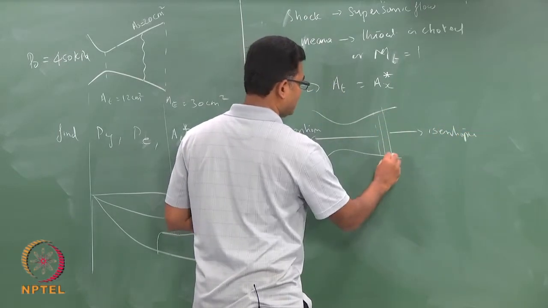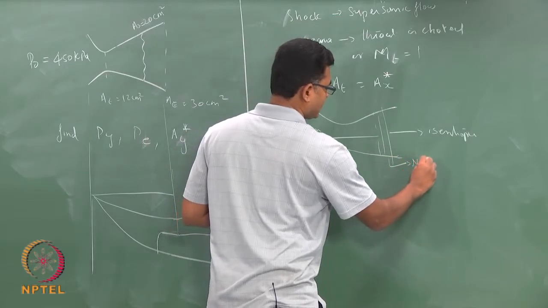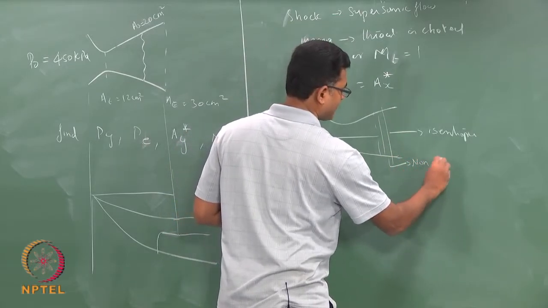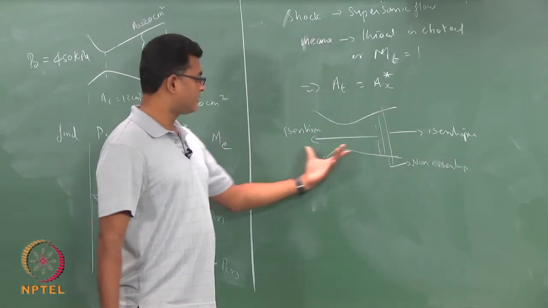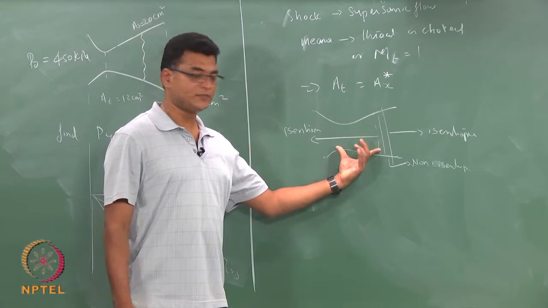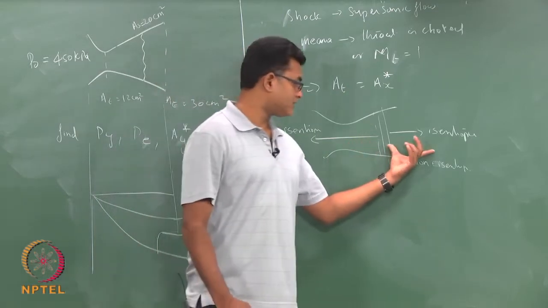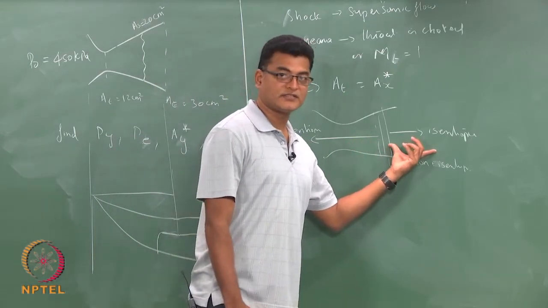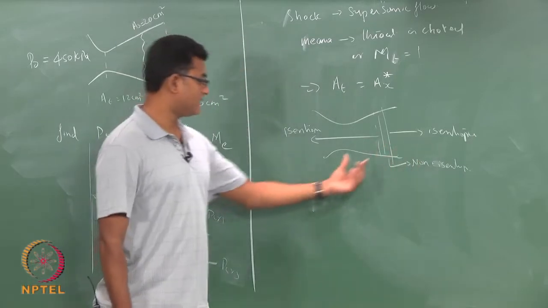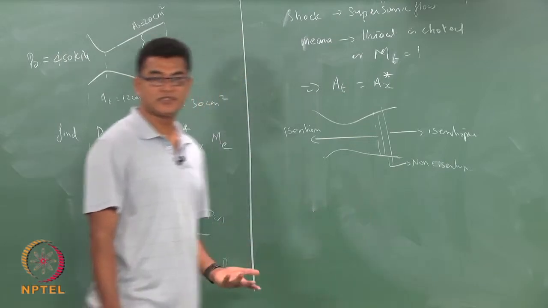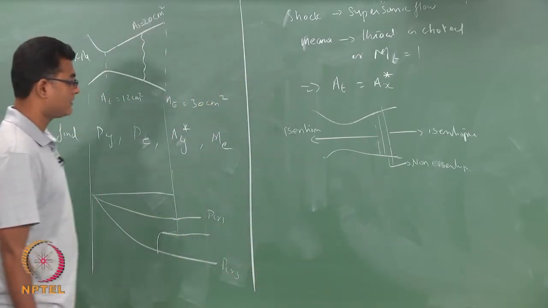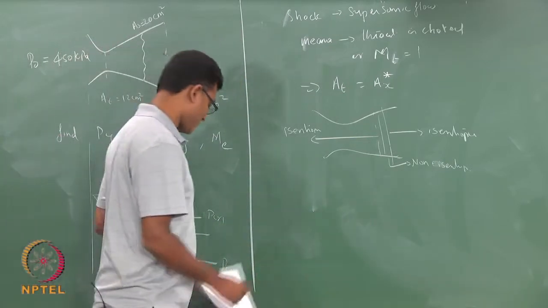Only the shock is the non-isentropic flow. So, I will use isentropic tables up to just before the shock, and isentropic tables just after the shock, and for the properties across the shock I will use the shock tables, which is a non-isentropic process.